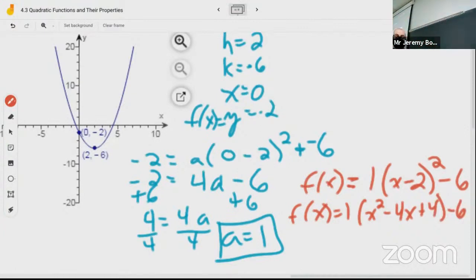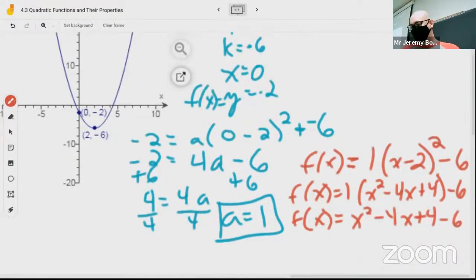If you need some help expanding those, let me know. We could do a little tutoring session outside of class, get you caught up with that. Let's distribute that 1, which is the multiplicative identity, so it's not going to change anything. So we're going to have x squared minus 4x plus 4 minus 6. That's what's nice about when your a is 1.